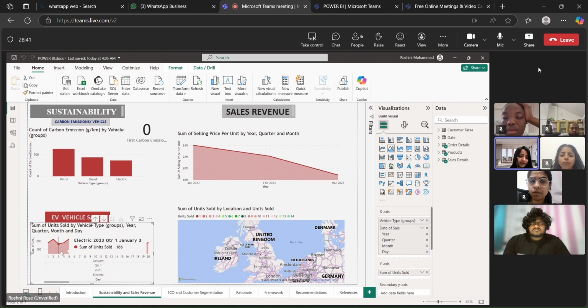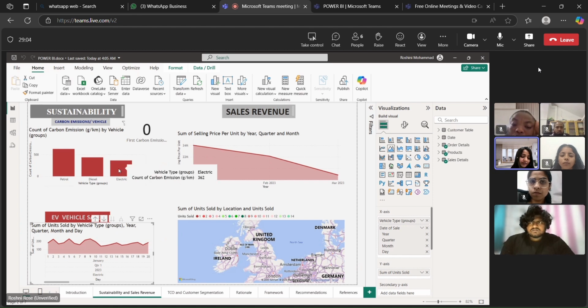Here we can clearly see the sum of units sold as per the quarter, month, and year. Using this Power BI, we can generate the percentage of EV vehicles sold per year, and this allows the company to assess progress over time and determine whether EV adoption is accelerating in response to policy changes and consumer awareness.